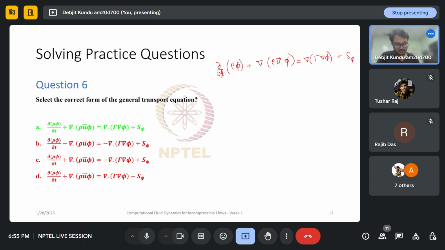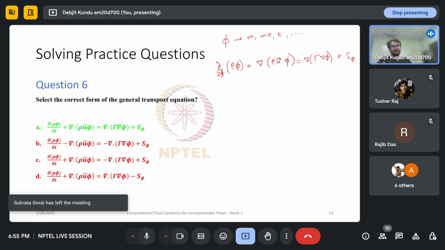So the main use of this equation is that if I replace phi with anything, any physical quantity which is conserved, examples being mass, momentum, energy, or anything, I will end up getting the balance laws for that particular physical quantity, be it mass, momentum, energy, in a flowing system.